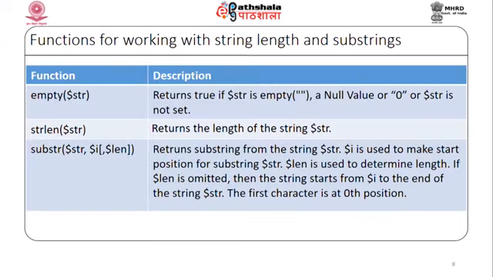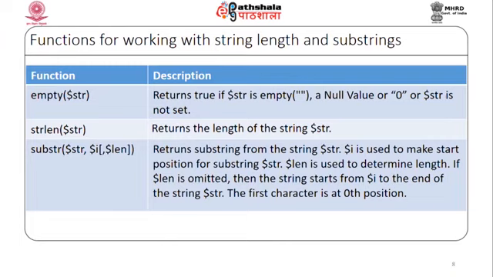The first one is functions for working with string length and substring. The first function is empty and it takes one parameter $string and it returns true if $string is empty, either single quote or double quote, a null value or 0, or $string is not set. This we already used. The second function is strlen, it returns the length of the string that you provided as an argument.